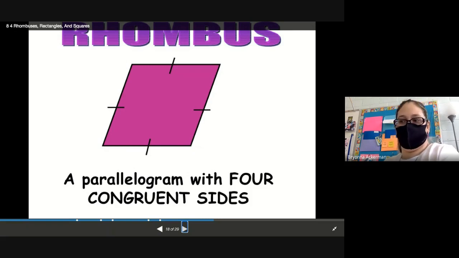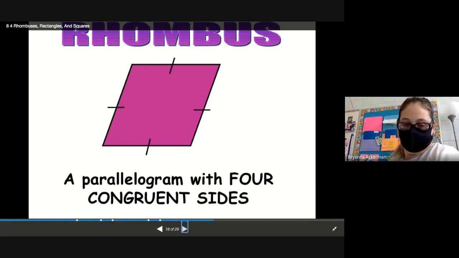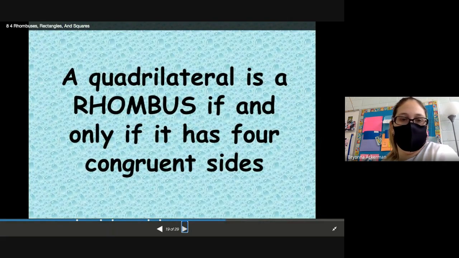Opposite angles are still congruent because that follows a parallelogram, but they're not right angles here. Okay, the next piece about a rhombus: in order for a quadrilateral to be a rhombus, it has to have 4 congruent sides. That's what makes it a rhombus versus just a parallelogram.